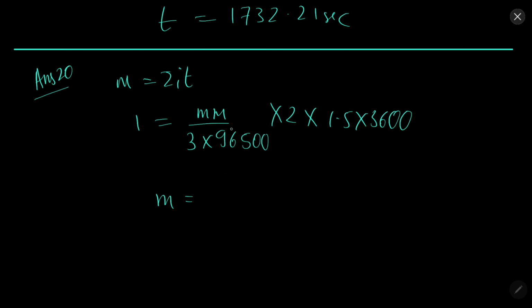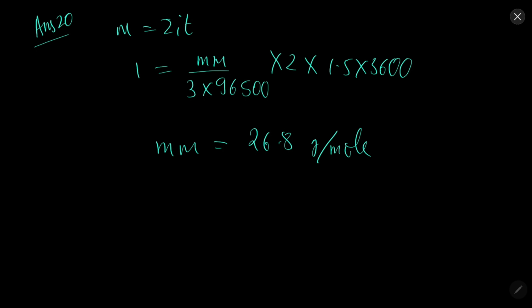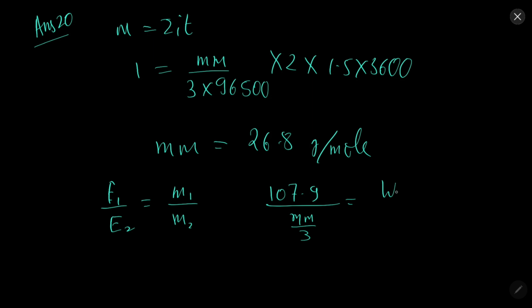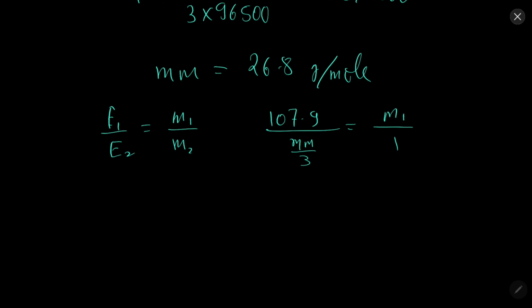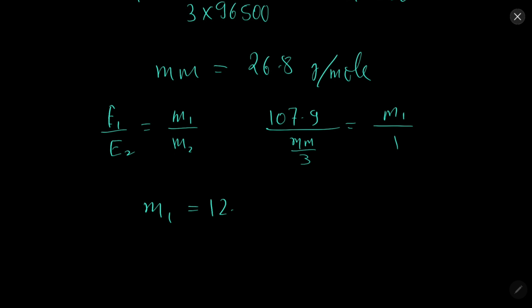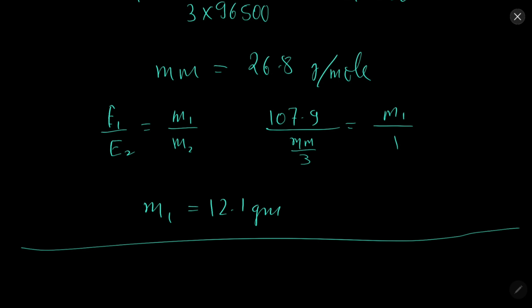So molar mass will be 26.8 gram per mole. E1 by E2 equals M1 by M2, it will be 107.9 over molar mass by 3, M1 by 1, so M1 will come out to be 12.1 gram.